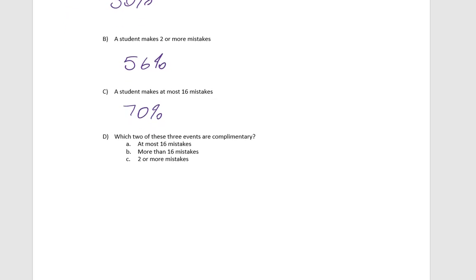Now the very last question is which 2 of these 3 events are complementary? What that means is that when you put these together, you get the entire set of possibilities for the number of mistakes they can make, and you don't have any overlap, but you also don't have any gaps. So, for example, if a student makes at most 16 mistakes, that means they made somewhere between 0 and 16, and more than 16 mistakes means they made 17 to 19 mistakes.